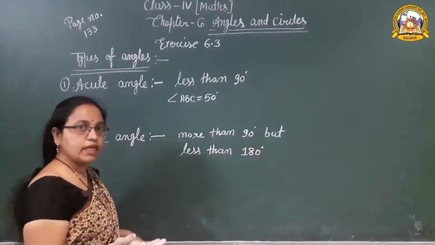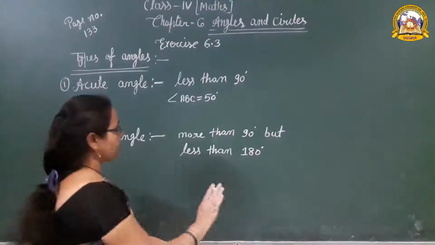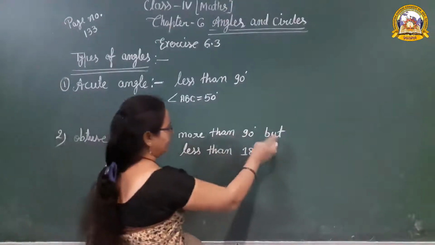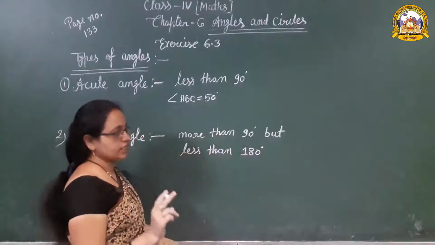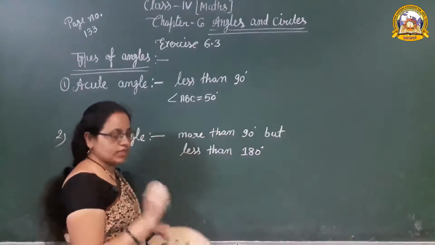What is the obtuse angle? An angle that is measured more than 90 degrees but less than 180 degrees is called an obtuse angle.